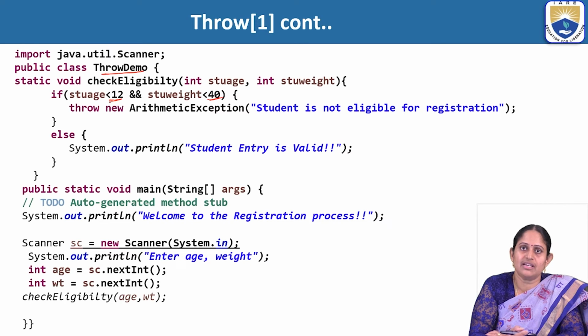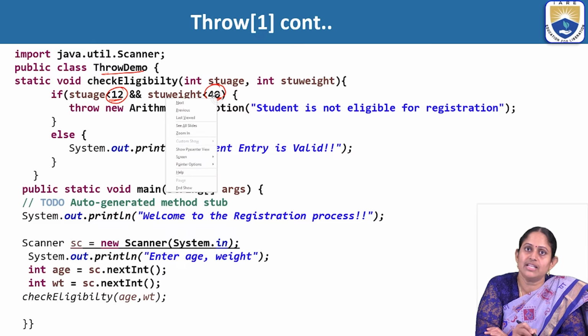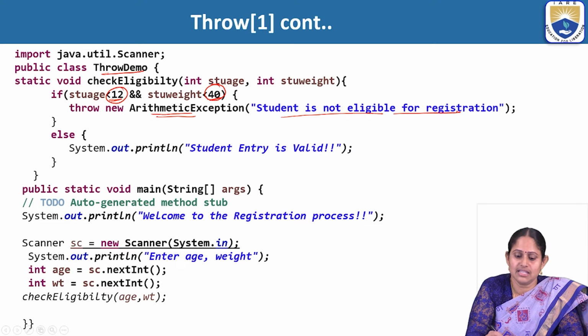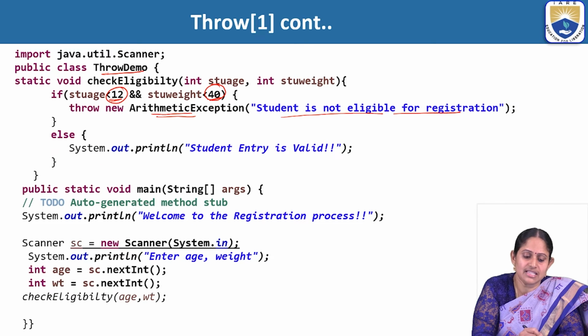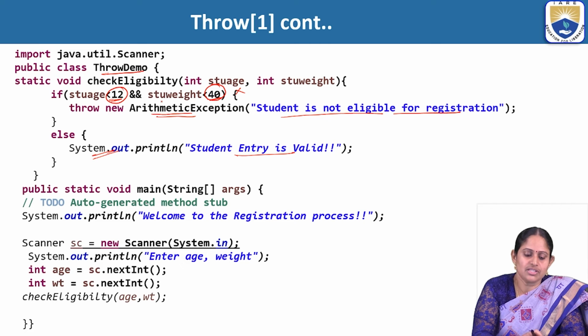So we are describing a case wherein we check the age and weight of the student. If the age is less than 12 and weight is less than 40, then that student is not eligible for the program. So we throw an arithmetic exception which sets the error message as student is not eligible for registration. In case the condition fails, then the student is eligible, so we can say that the student's entry is valid. So this is our logic.